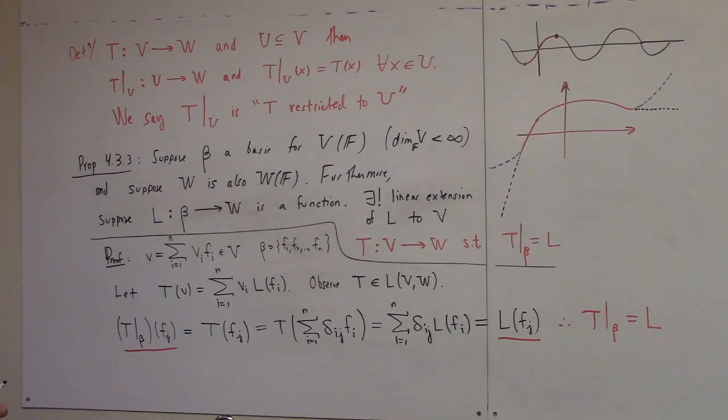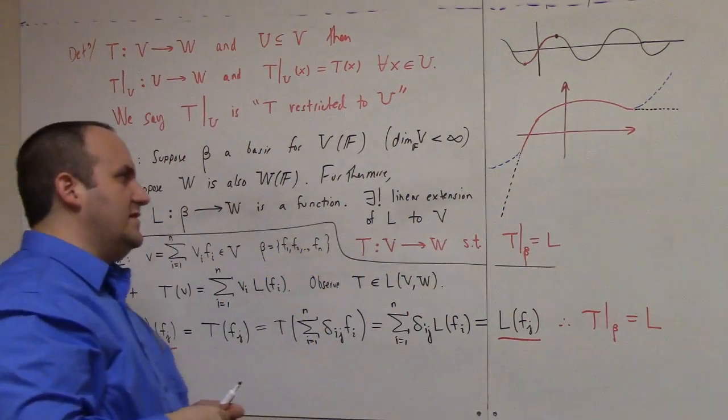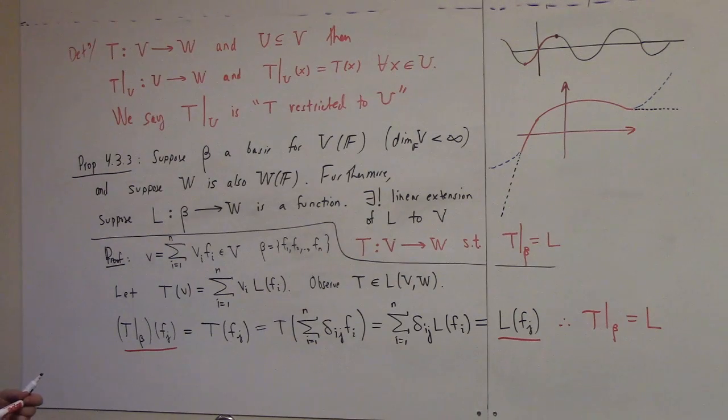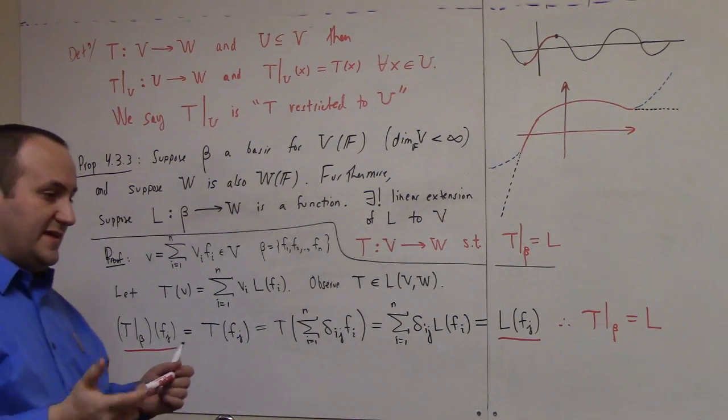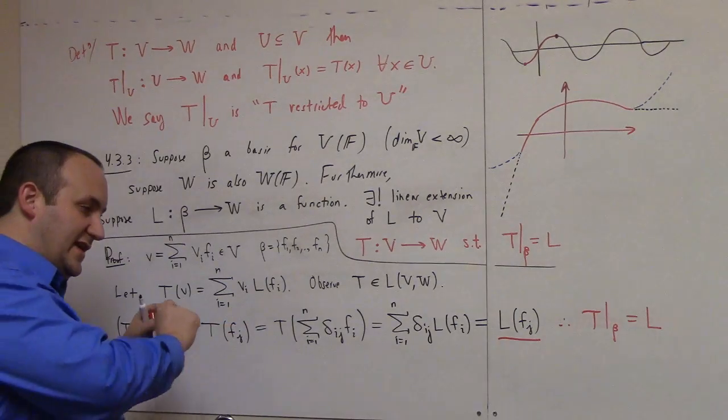So what this means is that for linear transformations, this kind of thing doesn't happen. Even though vector spaces are infinite in terms of their cardinality, the plane is two-dimensional, right? But it has infinitely many points. The real line is one-dimensional as a real vector space, but it has infinitely many points.